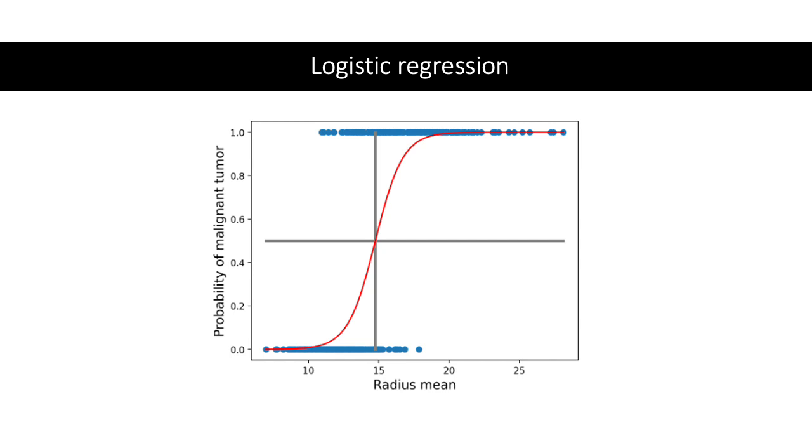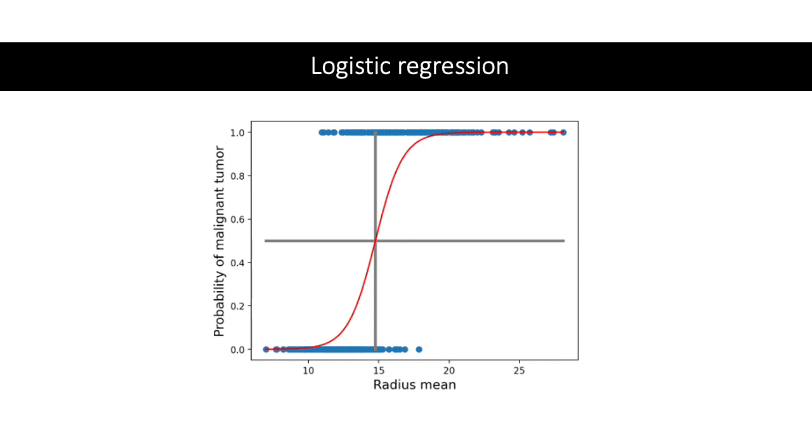Despite the name, logistic regression, this type of model is mainly used for classification, not for regression. Meaning it allows us to predict a categorical outcome from numerical features. Logistic regression tries to predict the probability of a binary outcome, as we said.